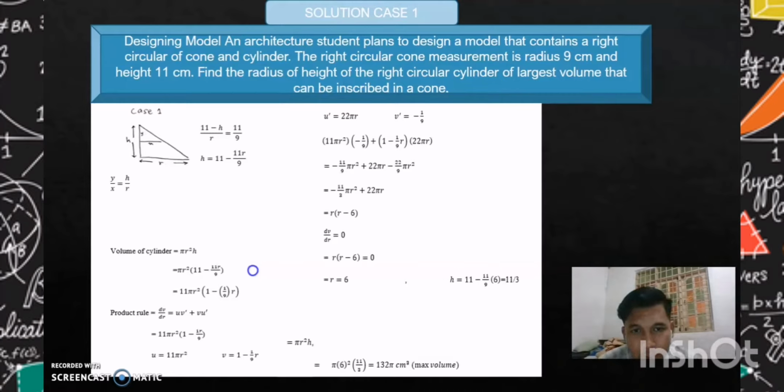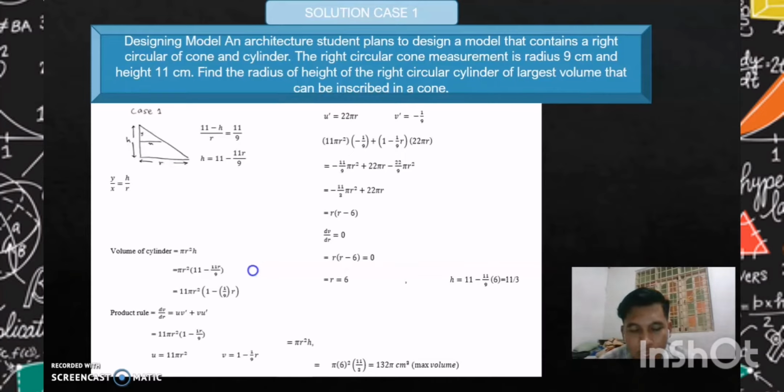So we got the answer negative 11 over 3 pi r squared plus 22 pi r. So we got r in brackets, r minus 6. So we set dV over dr equal to 0. So r equals 6. So we got the answer that the radius is 6.